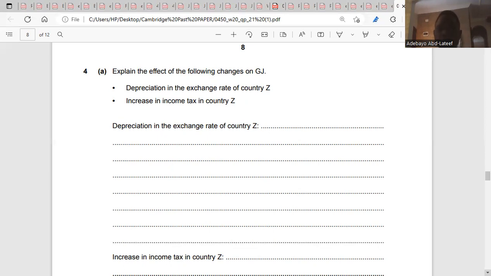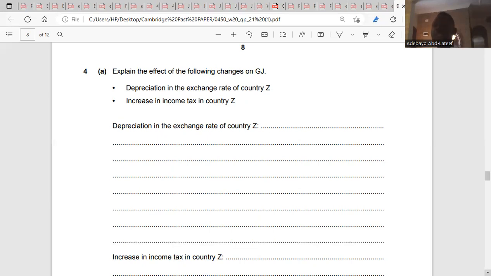And do we have any advantage about increase in income tax? Increase in income tax might mean that government revenue will rise. As a result of that, government might subsidize GJ's products, for GJ and other businesses around, because government will have enough money to finance projects or for public finance.